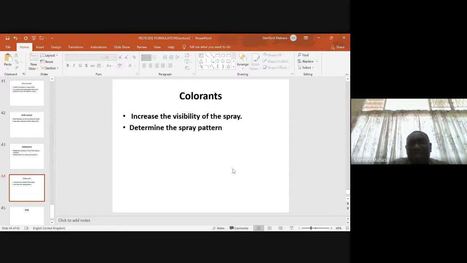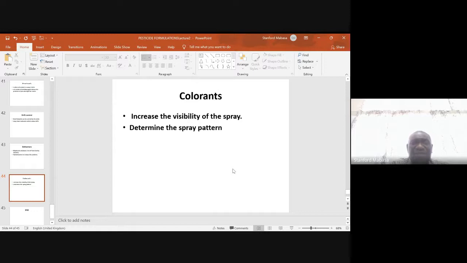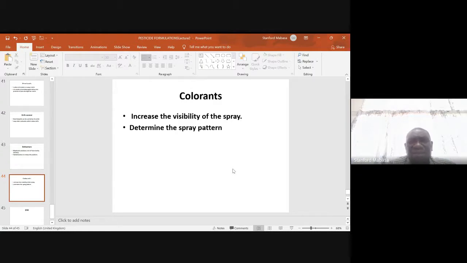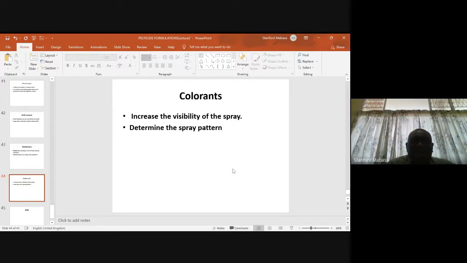And you can see the spray pattern when you are spraying. This is just for visibility. It will enable those who are applying the herbicides to target the pest properly.